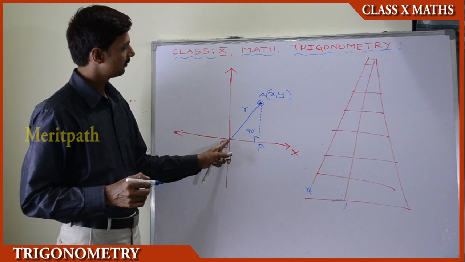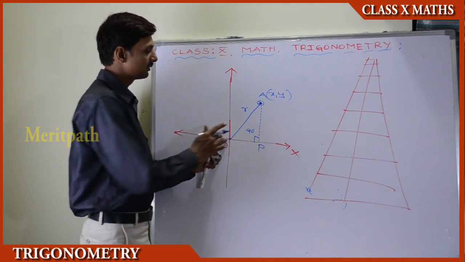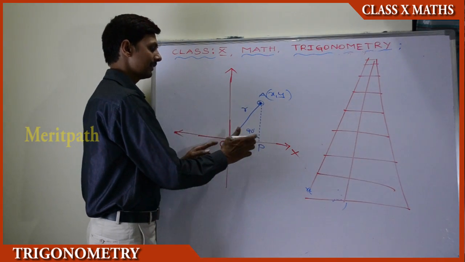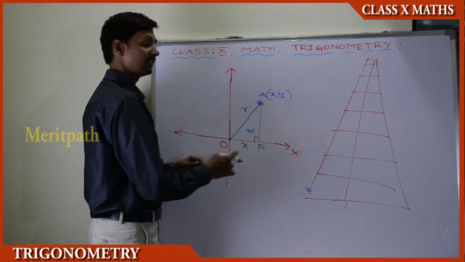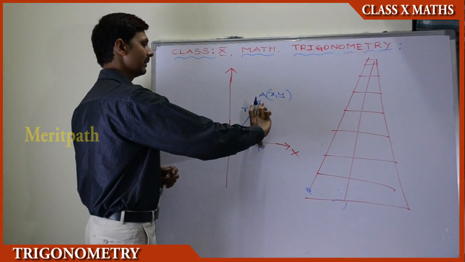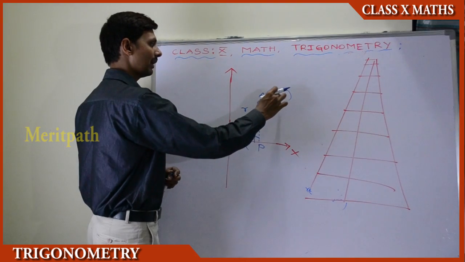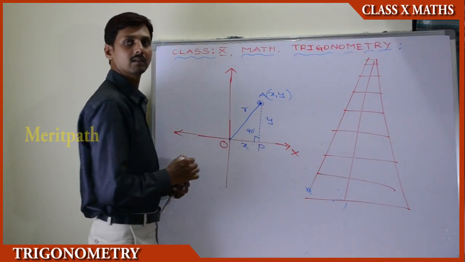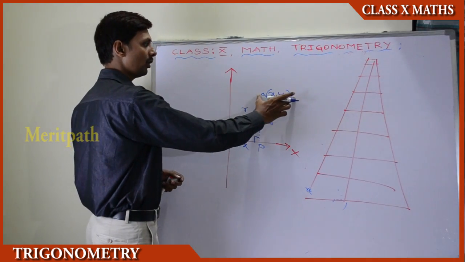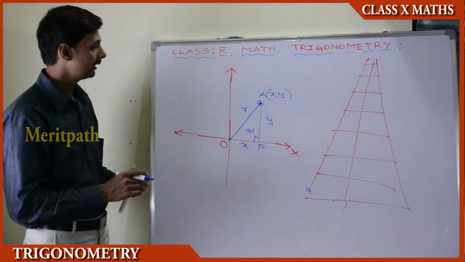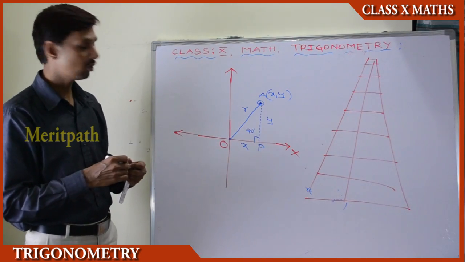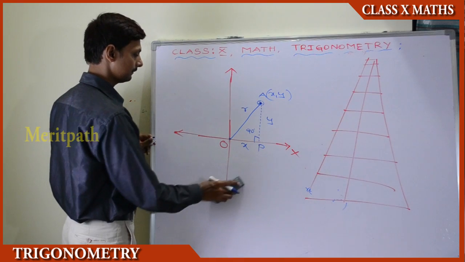The distance from 0 along the x-axis is x, and the perpendicular line on the y-axis is y, as we have taken the point x comma y.